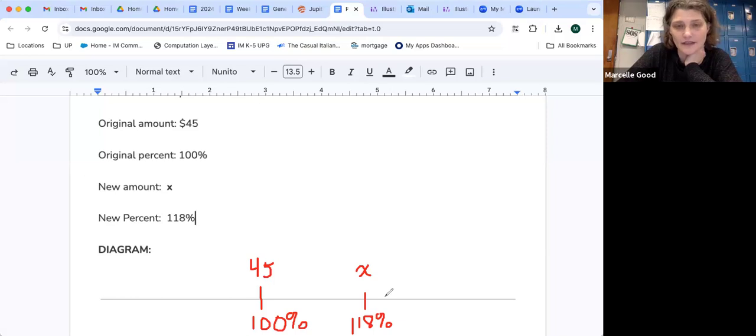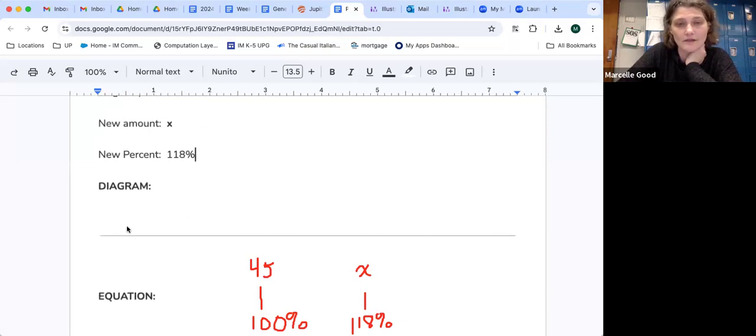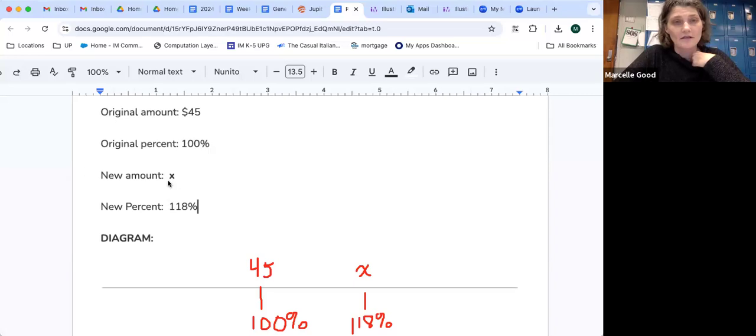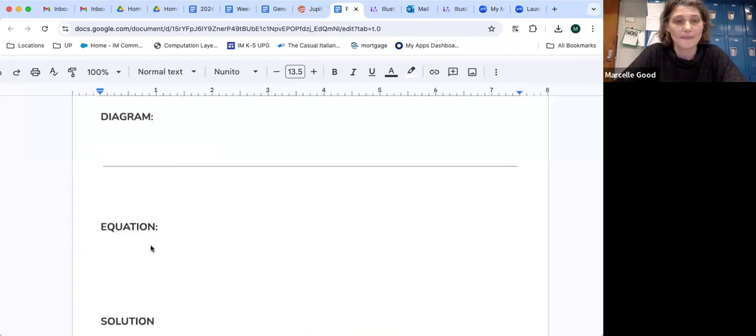The next thing we need to do is make an equation. So when we make an equation, we're trying to relate the original amount, the new percent, and the new amount. Here is the structure of these equations every time.